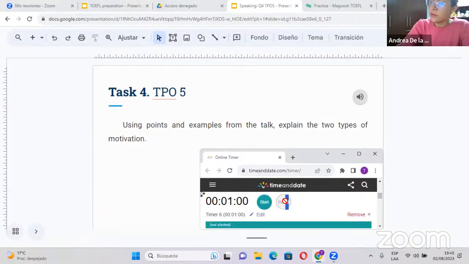Okay. Thank you, Maria. I actually forgot to say this before as well. If you don't know something, don't ever say in the response that you're not sure or that you don't know. You can tell me later. But when you're doing your response, you need to say something there. So if you don't know the second one, you could say, then the professor goes on to explain the second type of motivation, which is the opposite of the first, for example, and leave it there. Or say something that you remember.